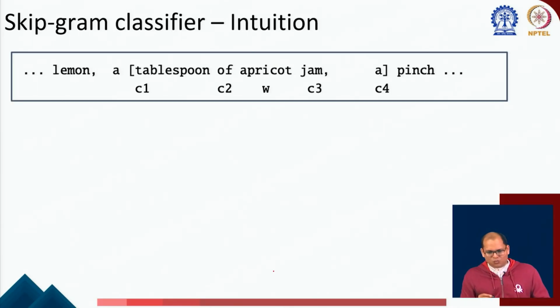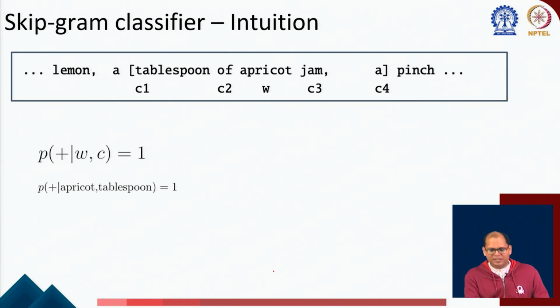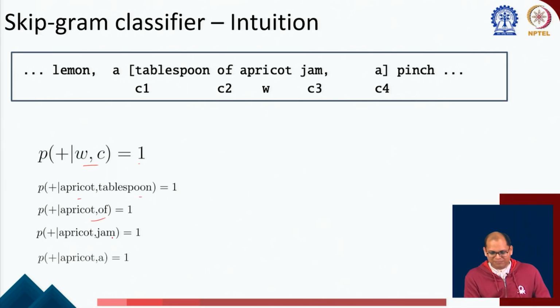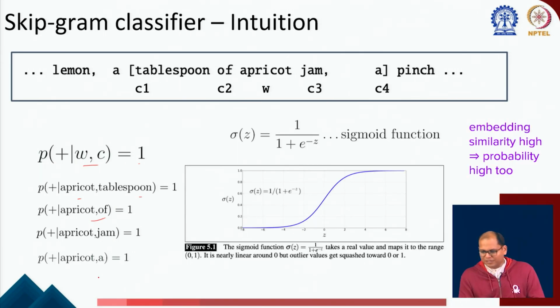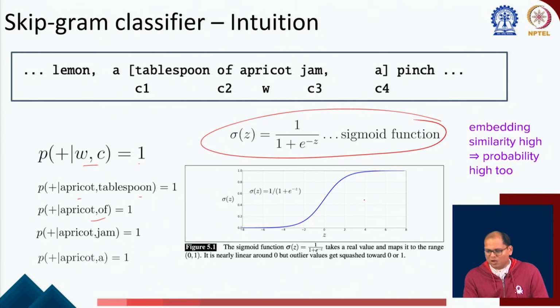Now, what exactly happens? The probability of a positive sample given w, c should be 1: apricot tablespoon should be 1, apricot of should be 1, jam should be 1, right? And this is modeled using the sigmoid function. So this is how the sigmoid function looks. If you have a high value as the input to g, you get a probability close to 1, right?